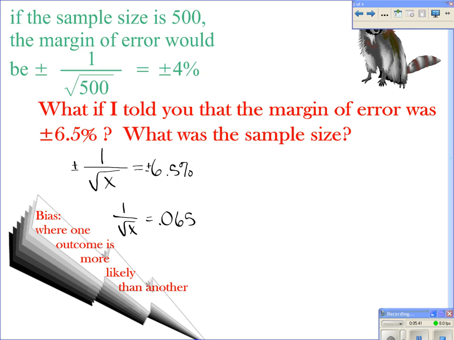Okay, we can do that. Now we have this. What would be best at this point?